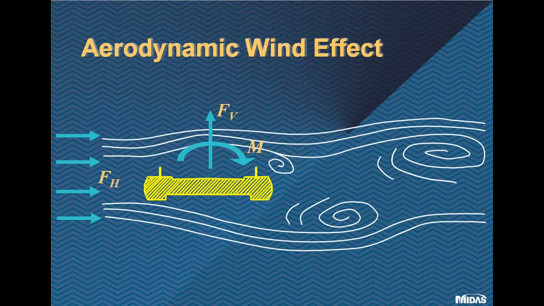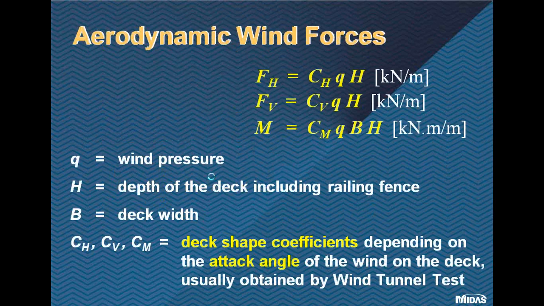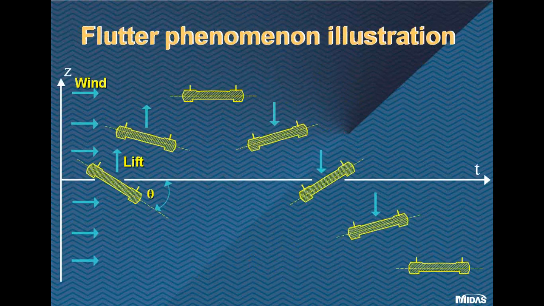In case of aerodynamic wind effect, the applied wind forces are much more complicated and usually represented by drag force, lift force, and torsion force on the bridge deck, on which the three aerodynamic coefficients can be obtained through a wind tunnel test, which are depending on the wind attack angle. This figure shows an illustration on the event of aerodynamic stability that we call usually the flutter phenomenon.